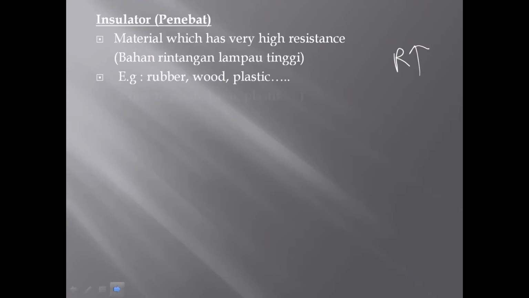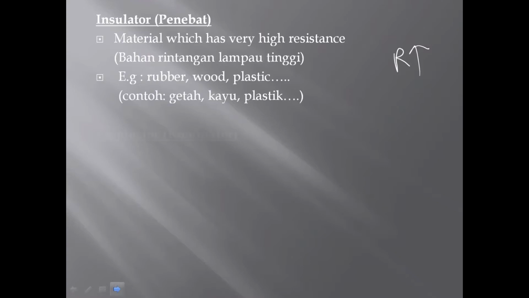Okay, next. Of course, Malay translation already on the screen. Getah, kayu ataupun plastik. Of course, for those who are using my notes, please make sure you copy this down into your paper notes. Or if you don't understand this, just watch this again. Okay, hope it can help you during this difficult moment.